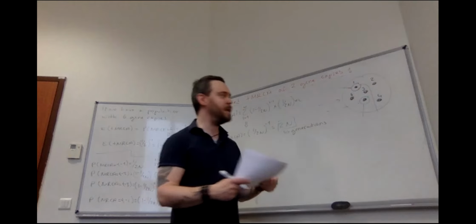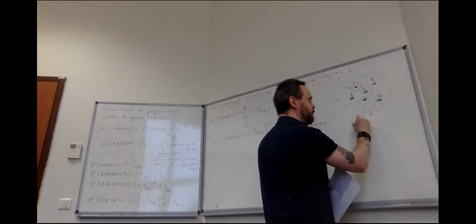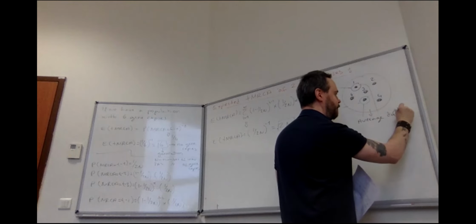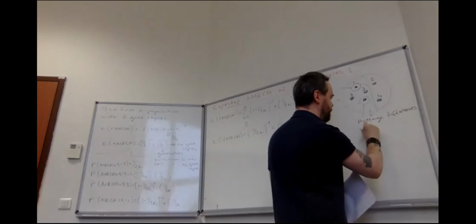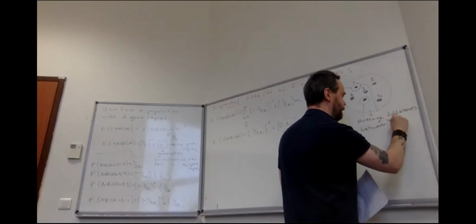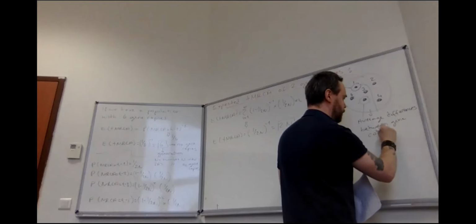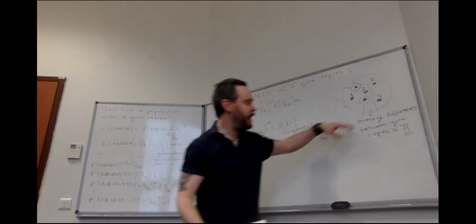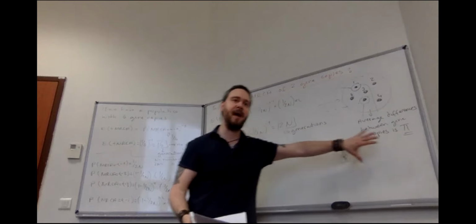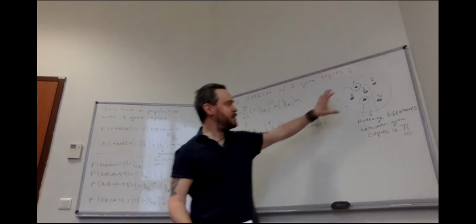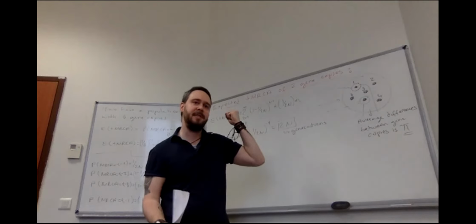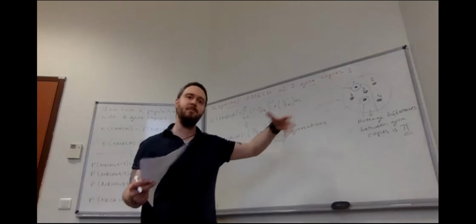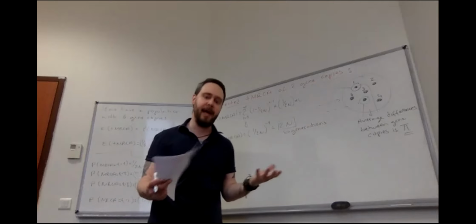We know the average differences between gene copies is the statistic we talked about, pi. So I'm asking, what's my expectation if I pick 2 gene copies at random? What on average do I expect?